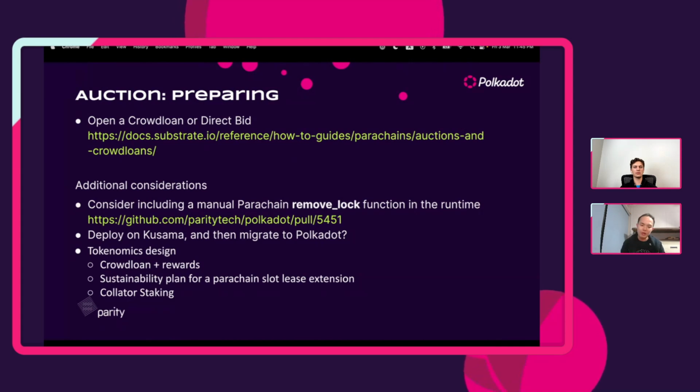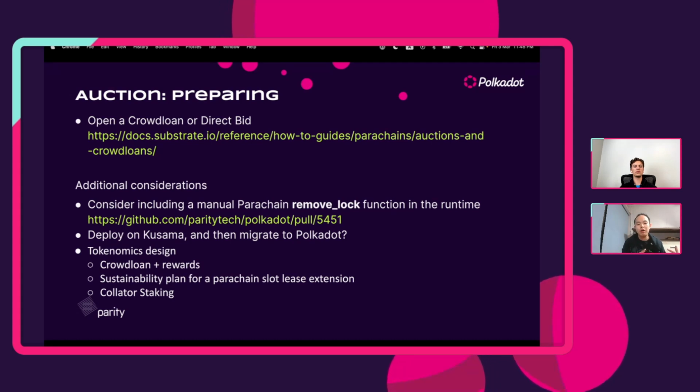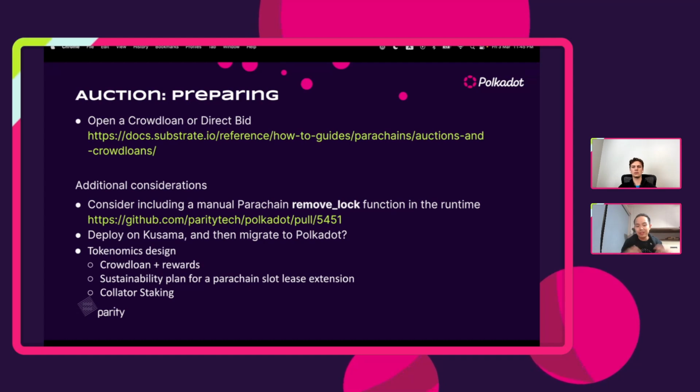So if you're doing one crowd loan right now, what about the second crowd loan in the future for your lease extension? What that would potentially mean is the ability either to continue to collect tokens or continue to collect certain rewards, or allocate a certain distribution over multiple slot releases, lease extensions, and to make sure that that is already planned for in your overall tokenomics design.